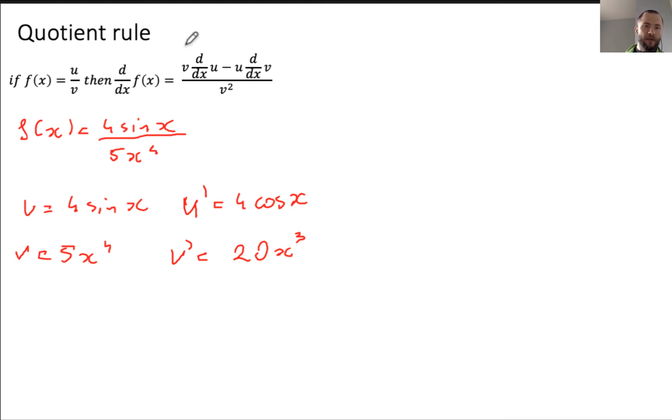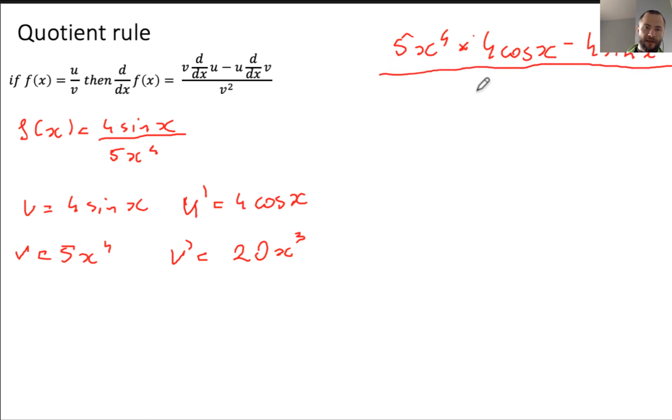So I multiply the denominator by the derivative of the numerator, so that gives me 5x to the power of 4 multiplied by 4 cos of x, and then minus the numerator, 4 sine x, times 20x cubed, and all that divided by the denominator squared, which is 25x to the power of 8.